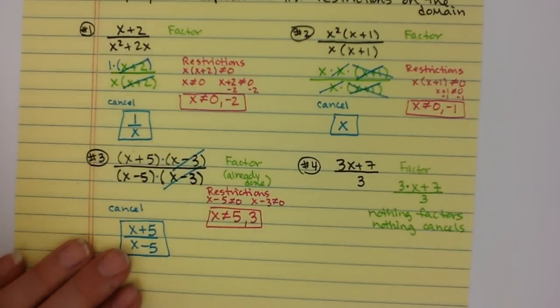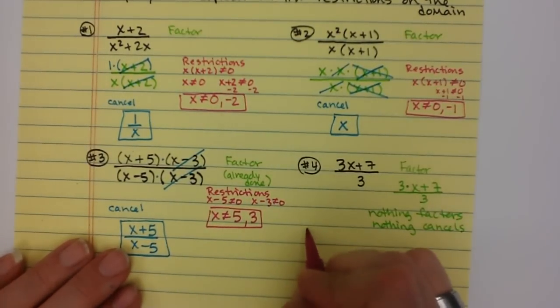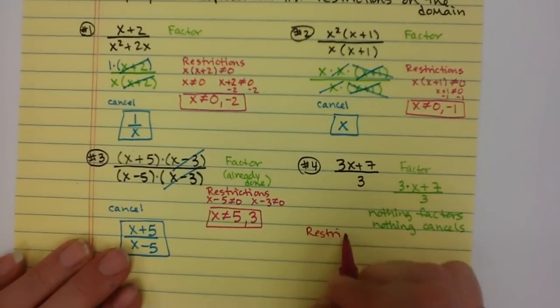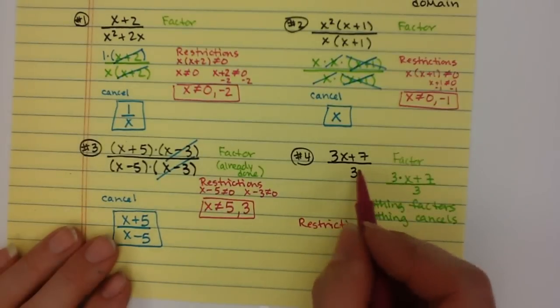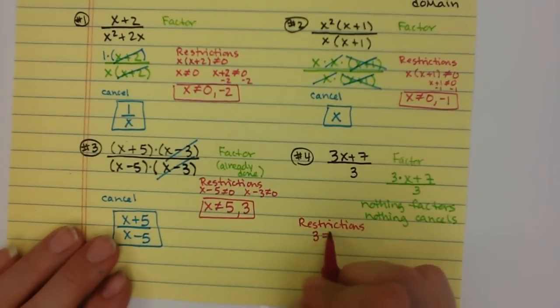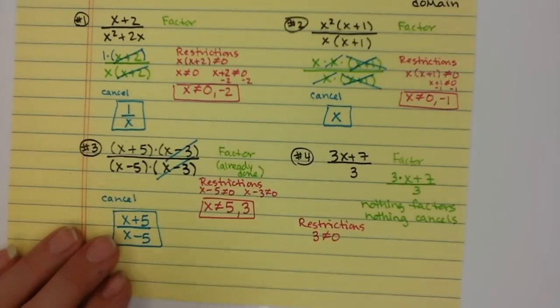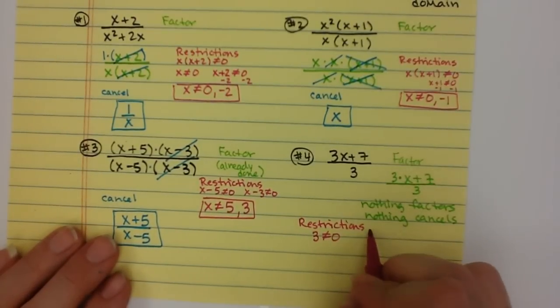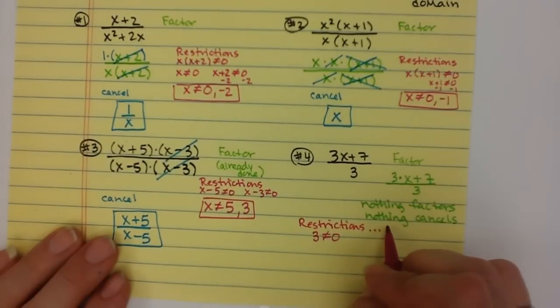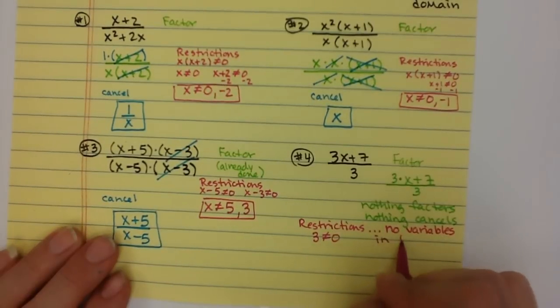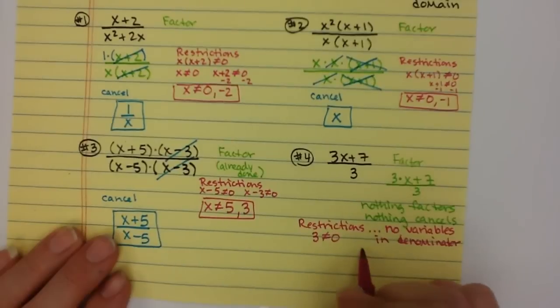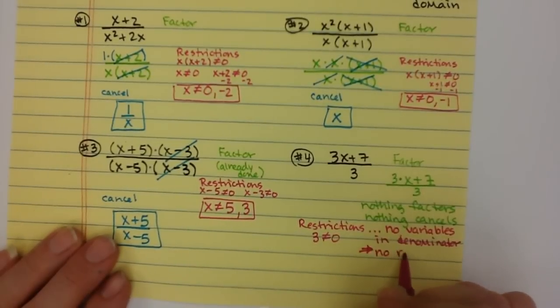And let's talk about the restrictions. Restrictions come from setting the denominator not equal to 0. Well, what's in my denominator? It's a 3. 3 cannot equal 0. Well, duh, 3 cannot equal 0. So what you need to know is that if there are no variables in the denominator, then there will be no restrictions.